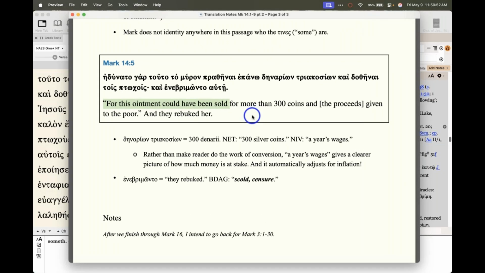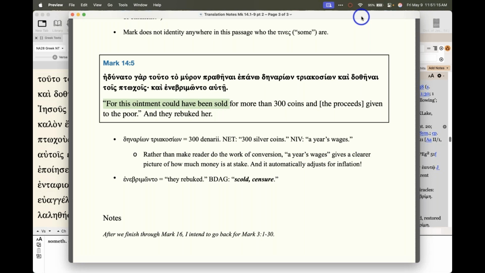Now, we alluded to this before, but this idea of 300 denarii, I think this is just such an interesting translation question. And to me, it's back to that two worlds question. I don't know that there's one way that's more faithful to the Greek text per se.